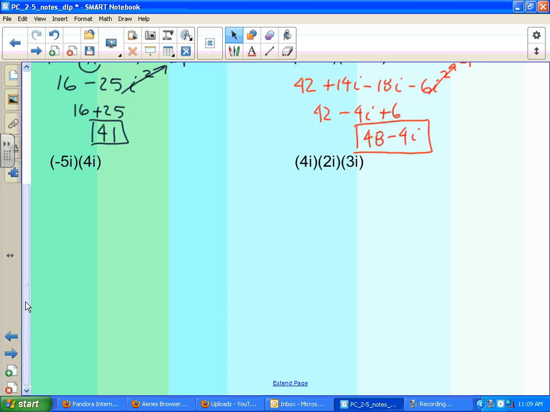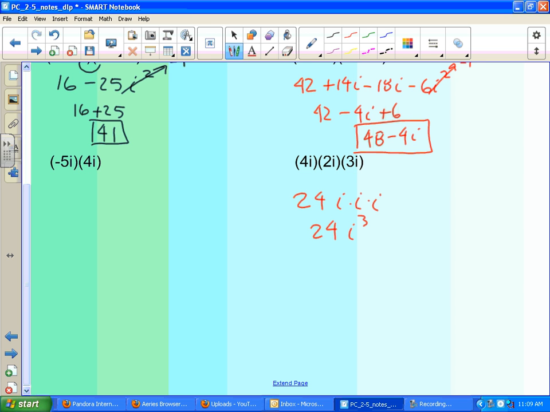Yes, we are, because now you get an i cubed. So here's what you can do. There's a couple different ways we can tackle this one. All of the coefficients are going to multiply. We get 4 times 2 times 3, we get 24. Then I have an i times an i times an i, which is 24i cubed. So maybe you do this, and then I'll show you the pattern just afterwards.